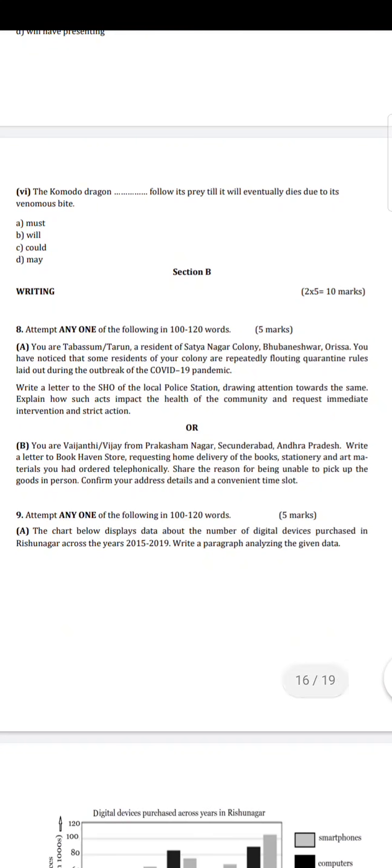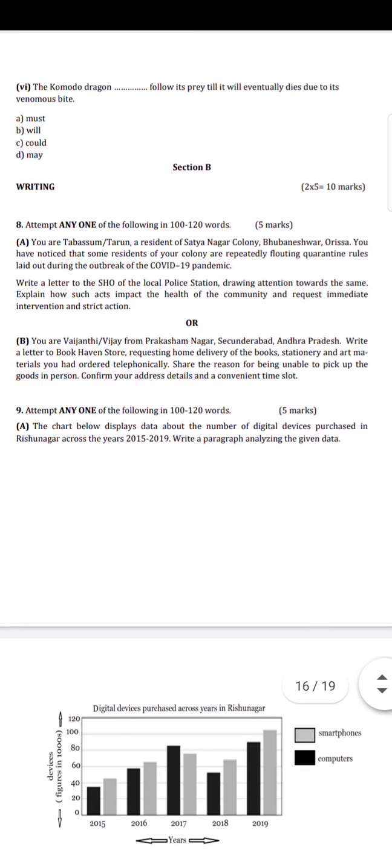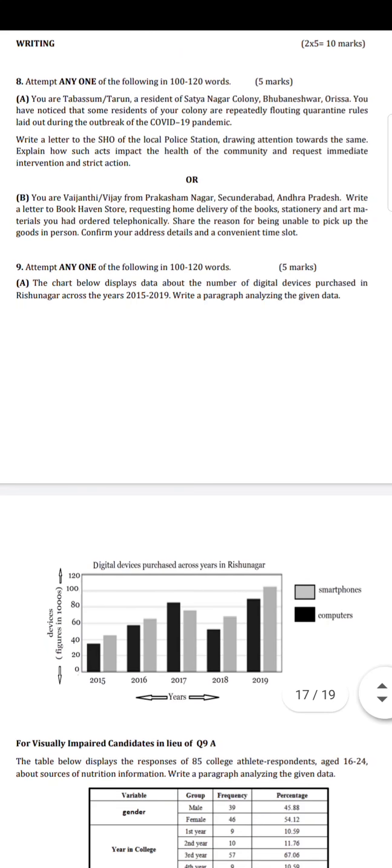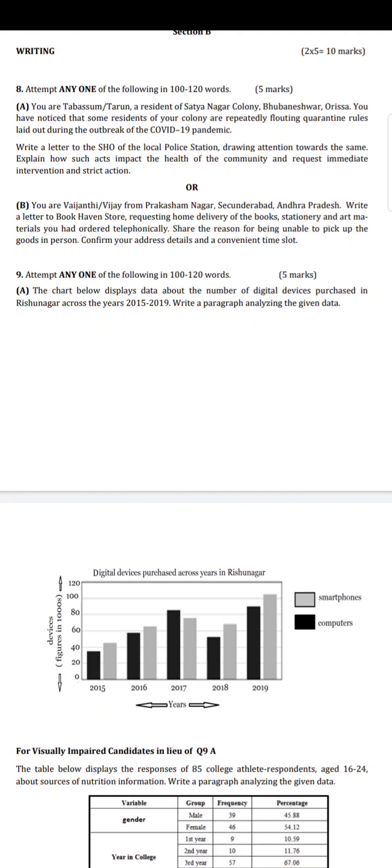Last, section B is the writing section. Now these questions are not objective based. Just check it out. You have letter writing, 5 marks.